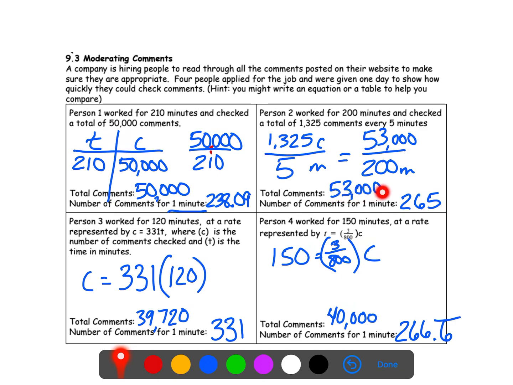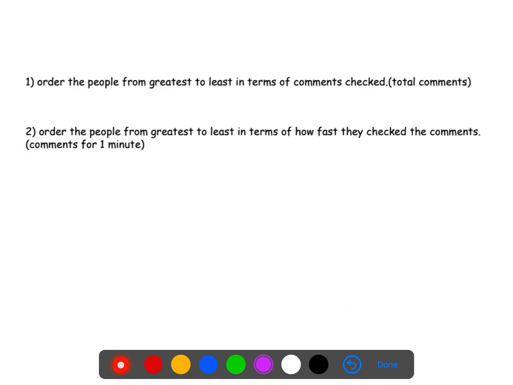We can see person 2 completed the most total comments, while person 3 had the fewest. So let's go ahead and order those here. We have for the greatest, that'd be person 2, then 1, then 4, and finally 3 would be the least.